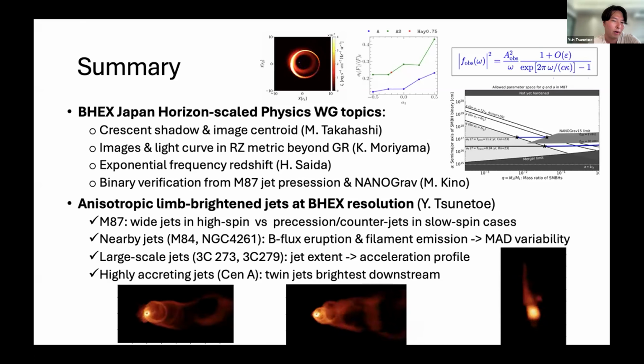Okay. One thing is that the application should be slow, right? As also mentioned by Ramesh. In the jet launching region, plasma is getting relativistic and being accelerated into the relativistic regime.